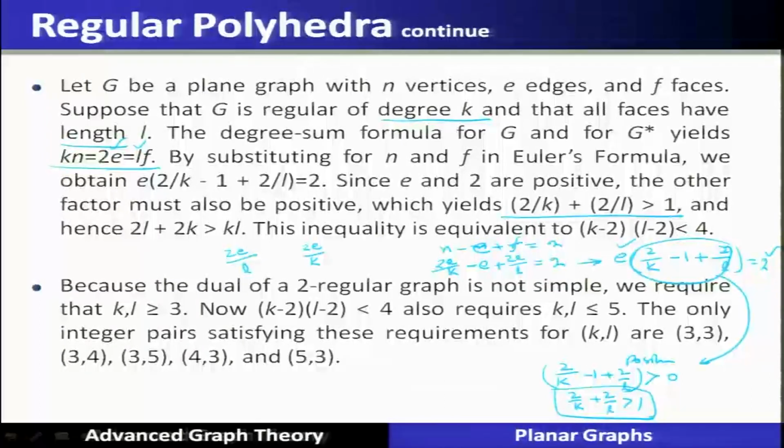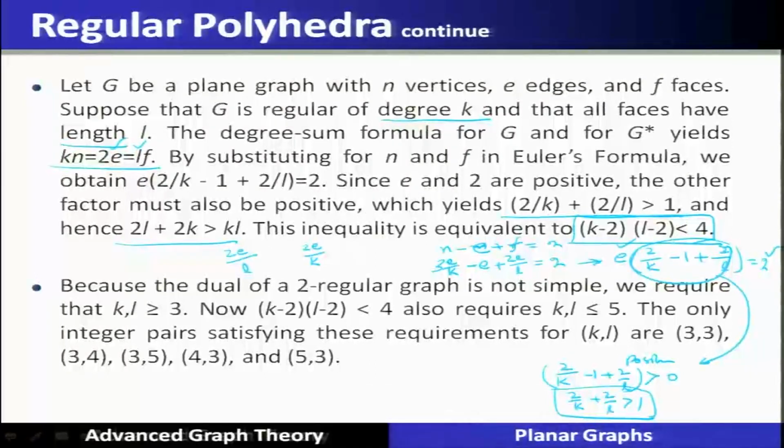This particular formula we have obtained, and hence 2L plus 2k is greater than kL, and further we can obtain (k minus 2) times (L minus 2) is less than 4.